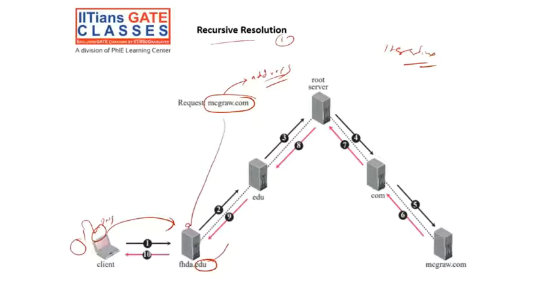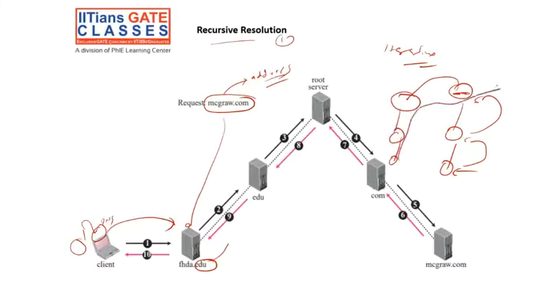Now recursive means from bottom to top, from child to parent, parent to parent, parent to parent. When we reach the top, then from that parent it goes to another child where we want to reach. Let's see what I'm saying here. The tree levels are there. It will start from here, then go this part, it will search, and if any other server is there, then this part, like this.